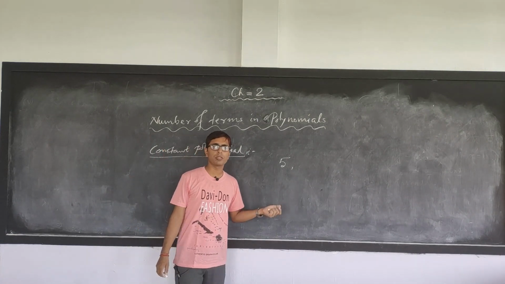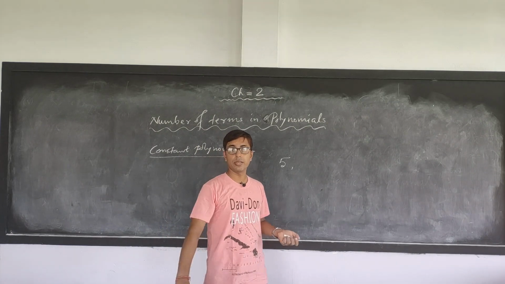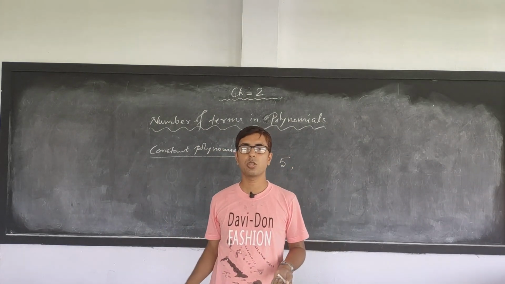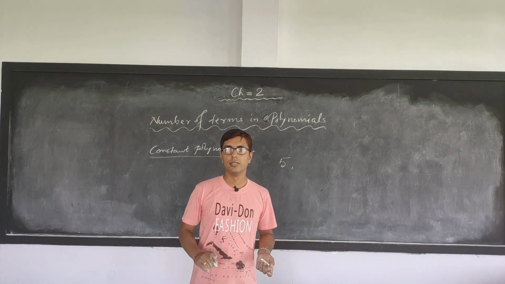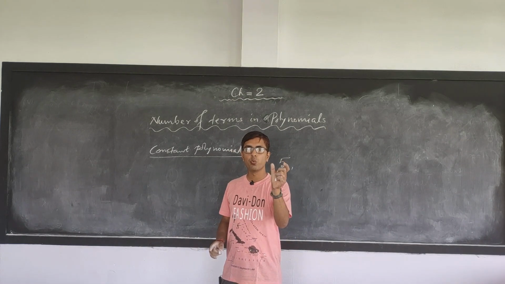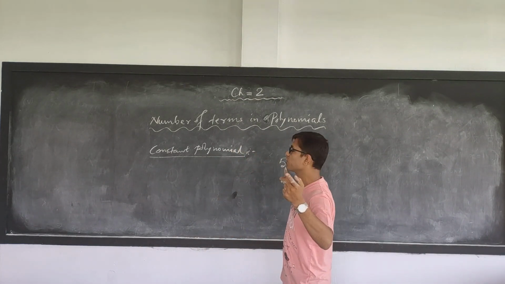What is the degree of the constant polynomial? The degree of a non-zero constant polynomial is 0. Why is it so? Degree means we are observing the power on the variable, and there is no such variable.